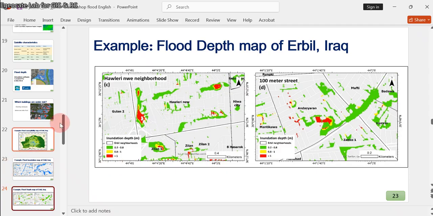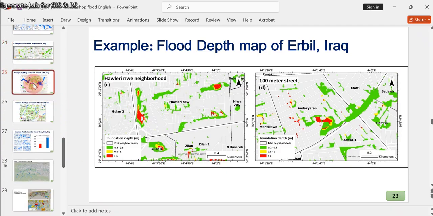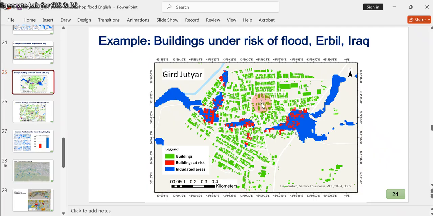Also, this is an example of the buildings at risk of flood. For example, this is Erbil City. The green buildings are those buildings which are safe during the flood, but the blue one is the flooded area, and the red buildings are those buildings which will be flooded, which are under risk of the flood.